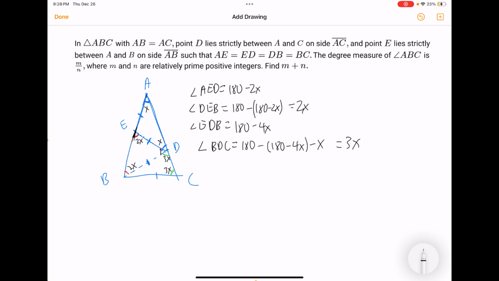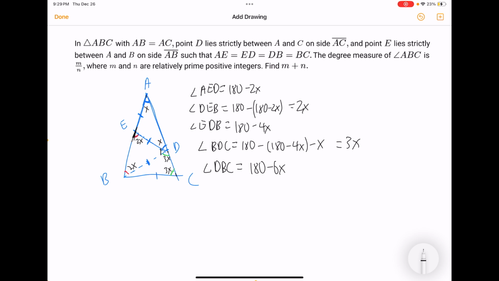So basically now we know all the angles, obviously, presented to us using x, but I've now represented all of the angles using x. And so we also know, because these two are 3x, that means angle DBC is equal to 180 minus 6x.